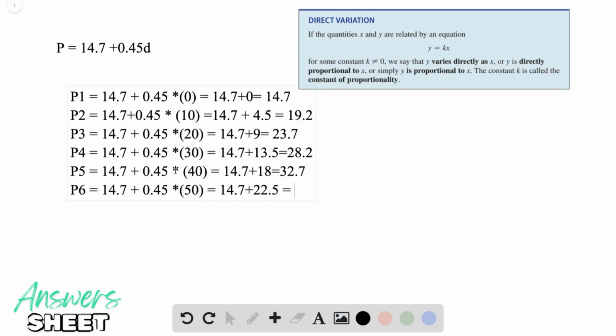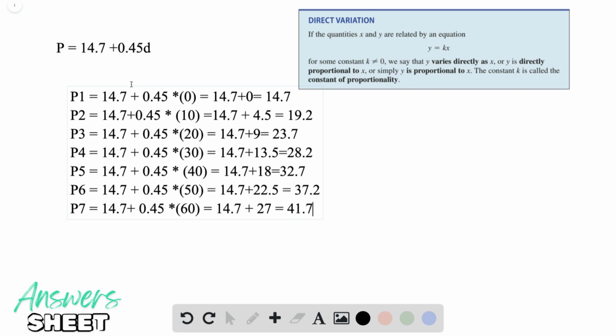That is equal to, if I put it in the calculator, 37.2. And lastly, for pressure 7, 14.7 plus 0.45 times 60. We're going to stop at 60, and that will be equal to 14.7 plus 27. And once you put it in the calculator, that'll be 41.7.